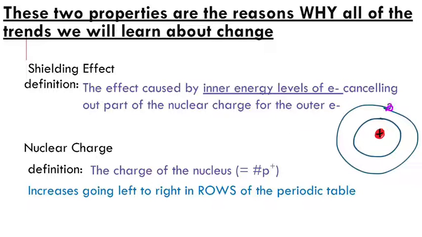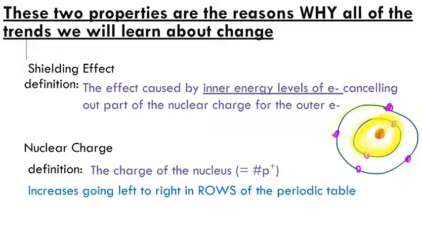But for the electrons on the outermost energy level, the farther out they are, and the more energy levels underneath them, the more of that nuclear pull gets canceled out on the way to those outer electrons. So that first energy level has no protection, no energy level between it and the nucleus. So it feels the full pull, the full force of all of the protons in the nucleus.